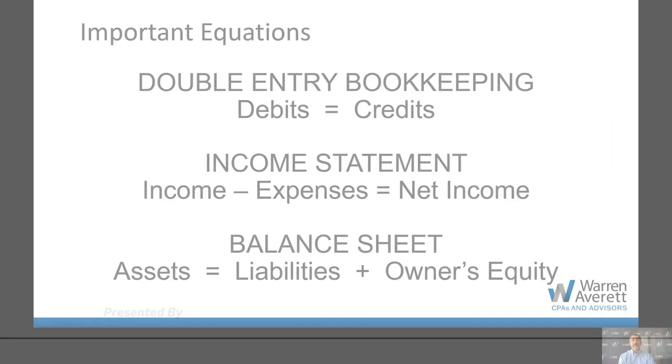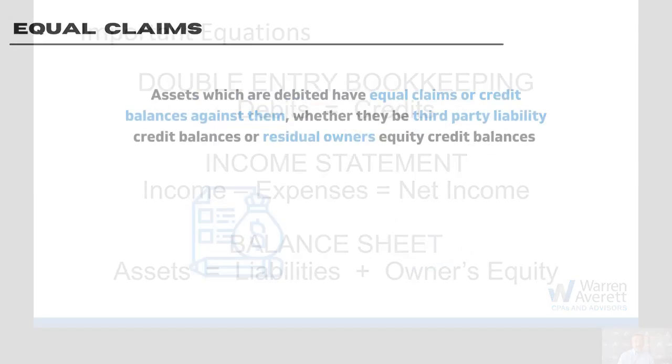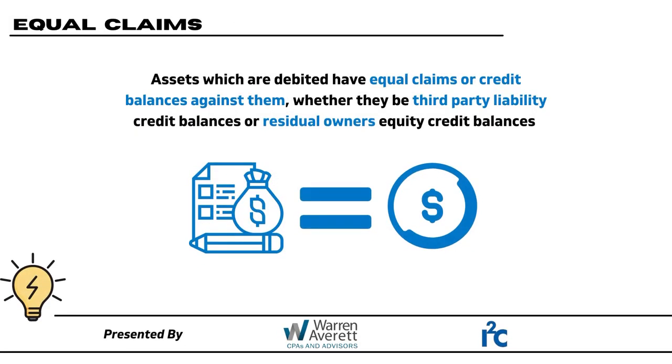So as we think about all this, I've tried to resist the urge to go through and draw out entries and rather present this to you in a format to help you understand that debits and credits must equal. And in the end, on the balance sheet, the assets represented by debit balances have equal claims or credit balances against them, whether they're third-party liability credit balances or the residual owner's equity credit balance.